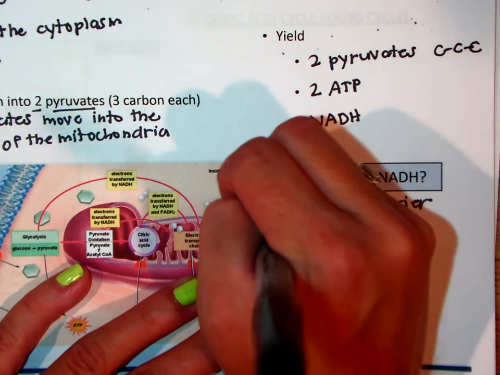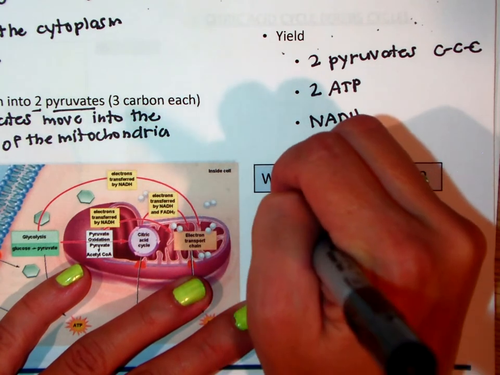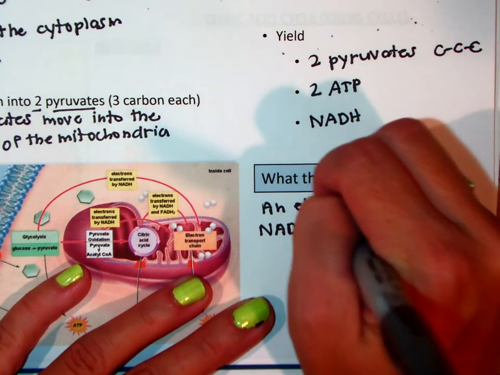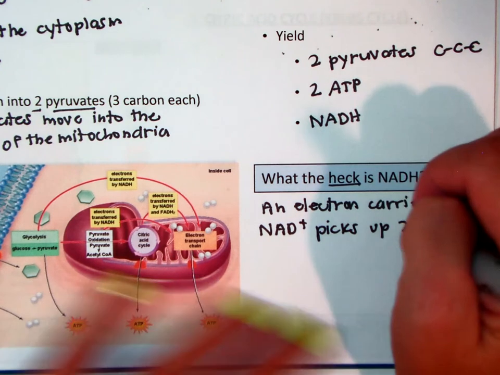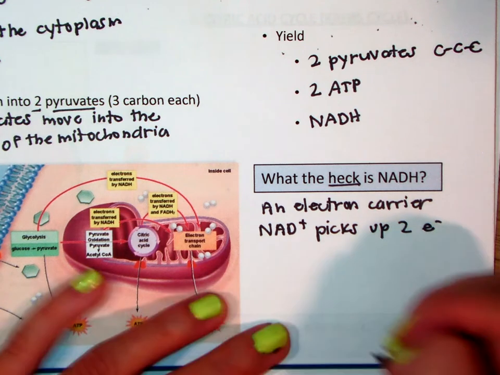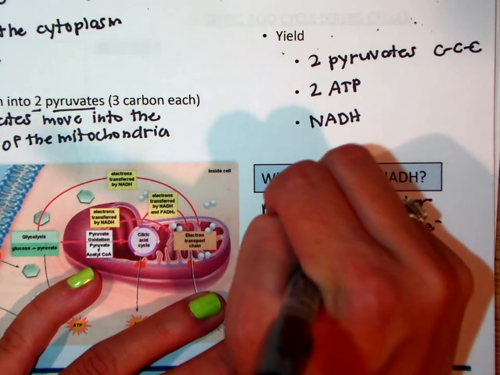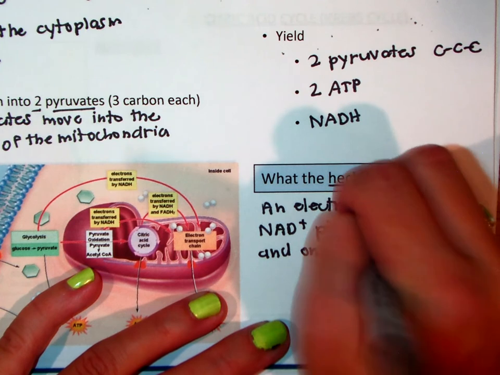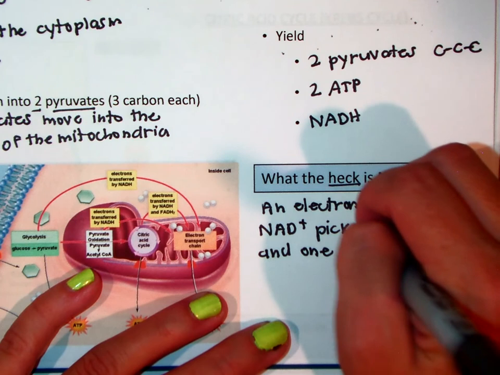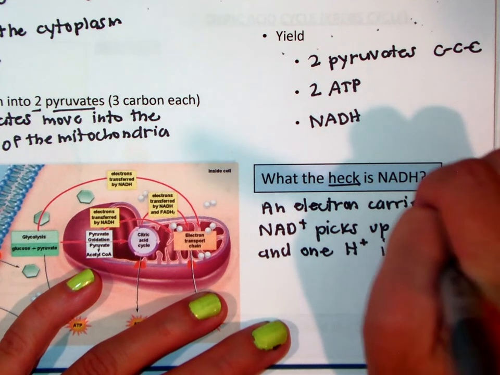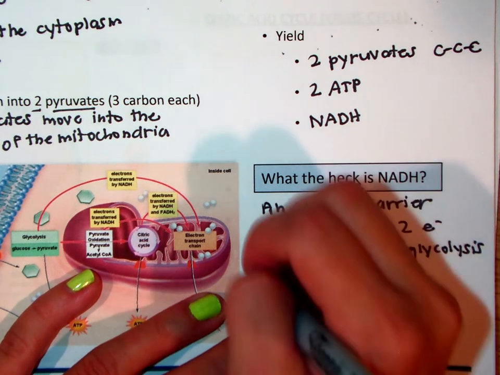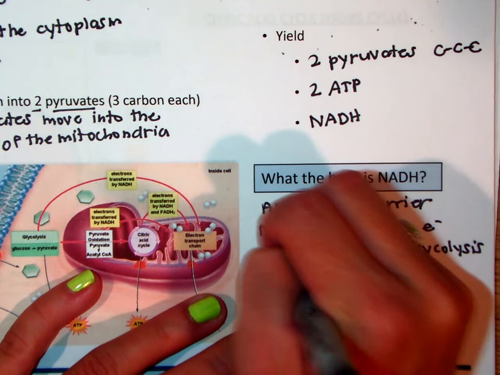So what happens is NAD plus picks up 2 electrons. I'm going to abbreviate electrons like that. Hopefully that's okay. And 1 hydrogen ion during glycolysis to become NADH.